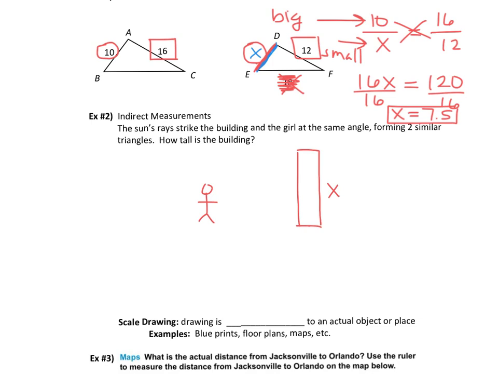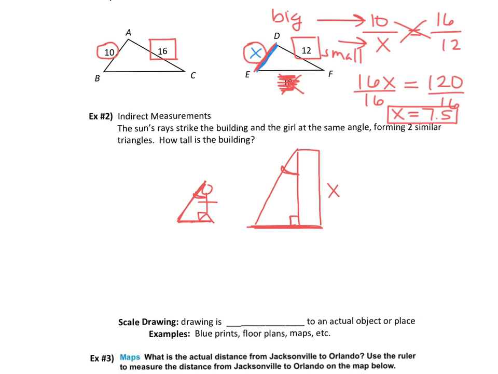But the sun is shining down at an angle, and you'll just have to take my word that this is how it works. You'll learn more about this in geometry. The angle that the sun shines at here and here to create a shadow, right? So this is a shadow on the bottom, and this is a shadow on the bottom. That angle would be the same because the sun's in the same spot compared to the building and the girl, and they're both standing up straight.